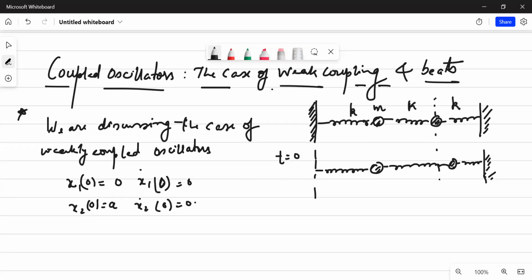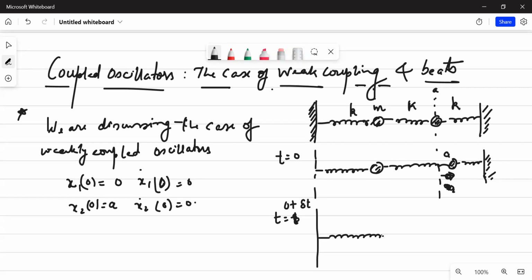Let's say this is your A, and we are just displacing it to the right, x2. So this is your initial time, and let's say at time t equal to just after 0, plus just delta.